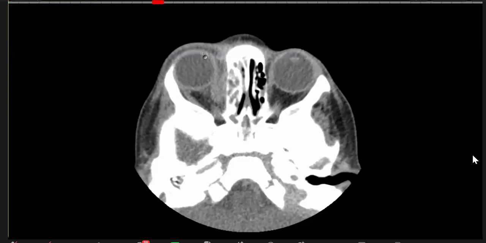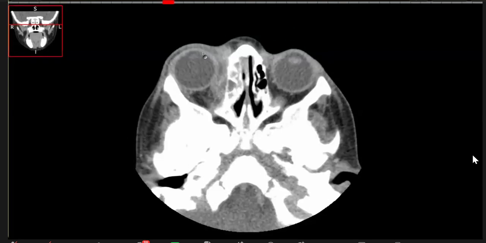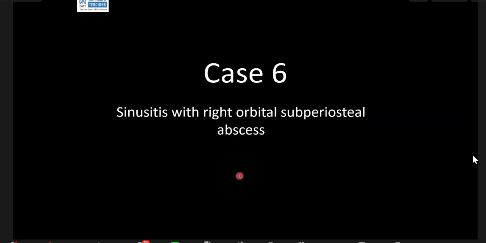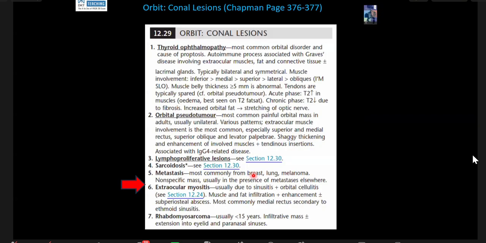So this is a classical exam case. Let me show you a picture. Now, this is the concept of conal, extraconal, intraconal, optic nerve sheath, and extraocular myositis, usually due to sinusitis with orbital cellulitis, fat and muscle infiltration, enhancement, subperiosteal abscess.